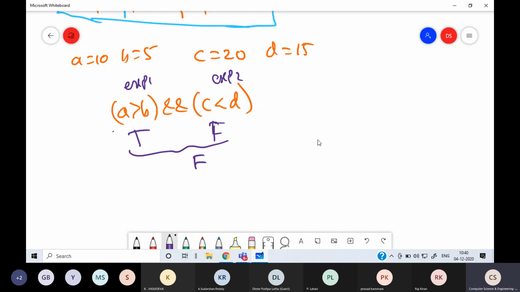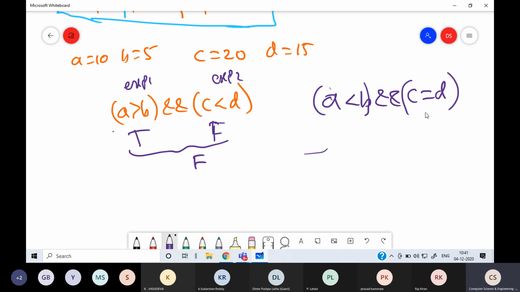So suppose I take A less than B, and now I want to compare whether C equals D or not. I'm writing like this: instead of double equals, I'm giving single equals.